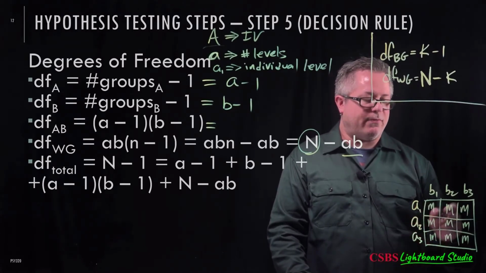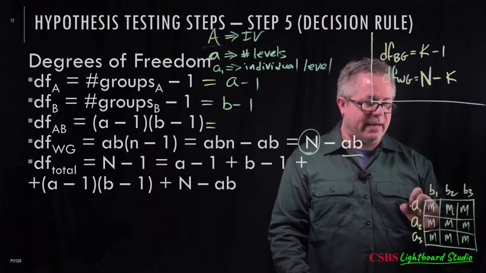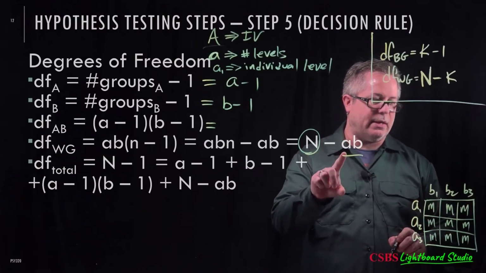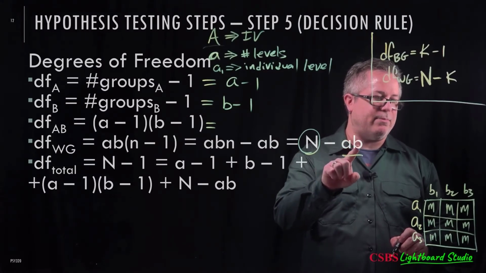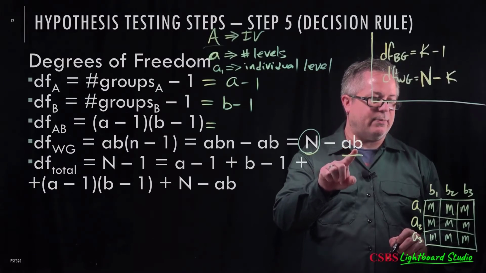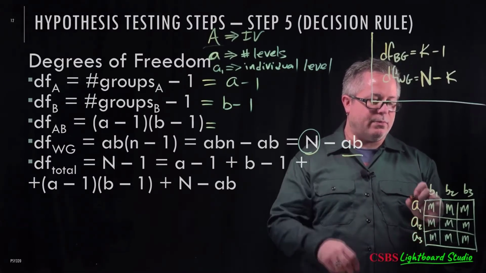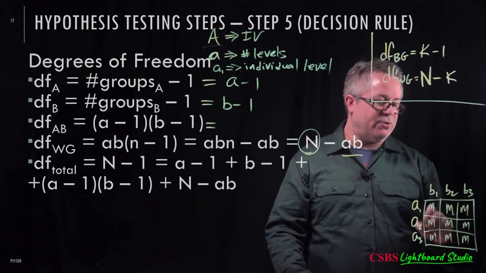So how would I go about figuring out how many of those groups I have? Well, I take the number of levels of A, which we just say is A, and for B, I have B levels. So it's simply A times B. So 3 times 3 is 9 cells, which means I have 9 individual groups.